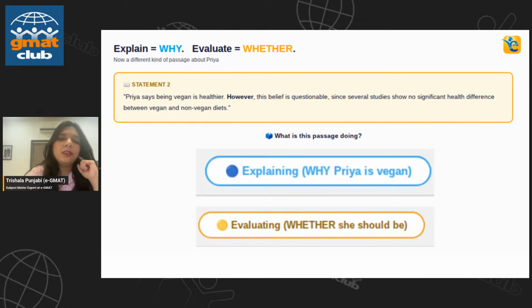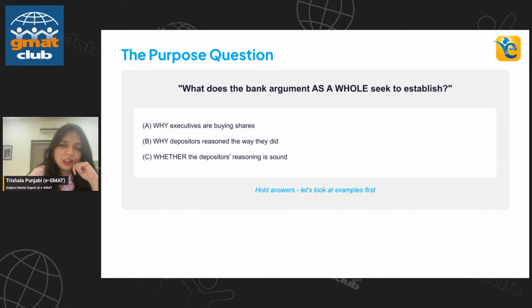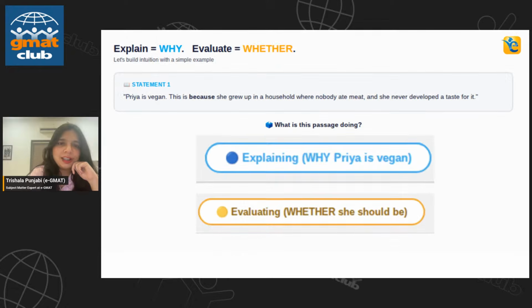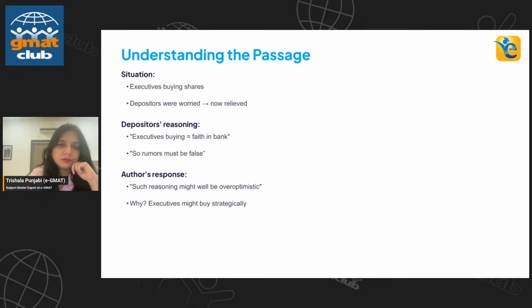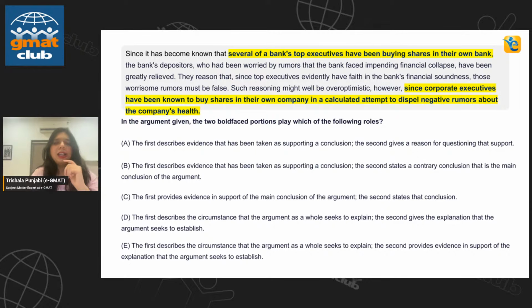Let us get back to the argument. What is the argument doing? Is this argument explaining or evaluating? Tell me. There's some kind of fact that is happening, that several of the bank's executives have been buying shares.